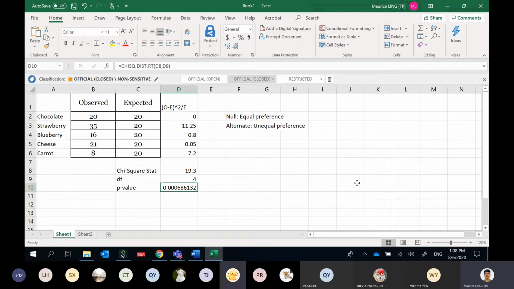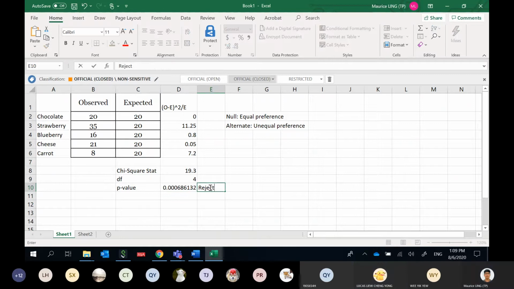Do you accept or reject the null hypothesis? Reject. Okay, so you reject the null hypothesis and you accept the alternate hypothesis. So basically, there's unequal preference.